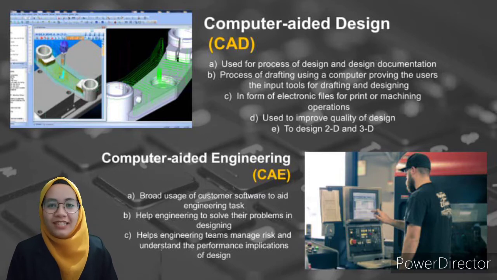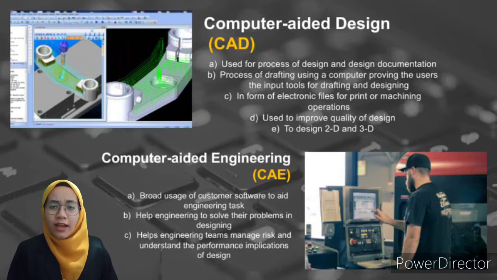Moving on to the second one. The second type of CIM is computer aided engineering, or CAE. CAE is a broad usage of computer software to aid engineering tasks, and it helps engineers solve their problems in designing.